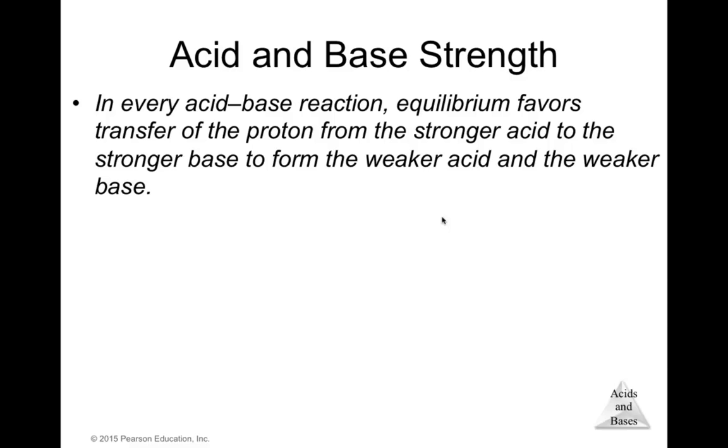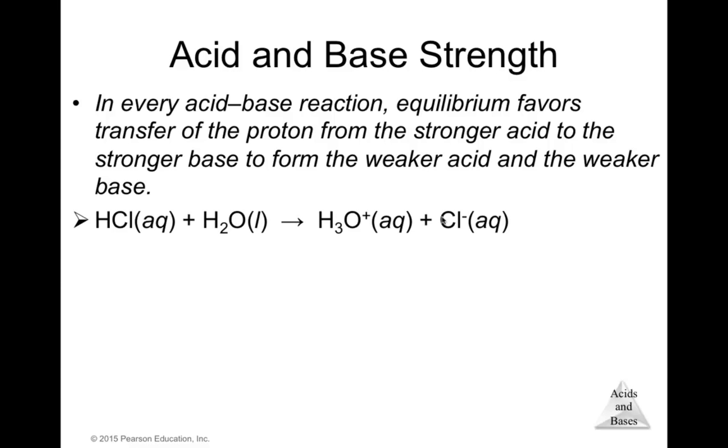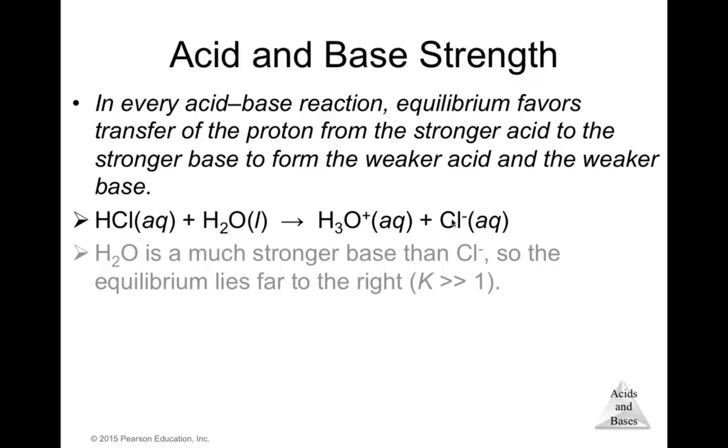So in every acid-base reaction, the equilibrium favors transfer of the proton from the stronger acid to the stronger base to form the weaker acid and the weaker base. Here we have HCl plus water producing H3O+ plus chloride.